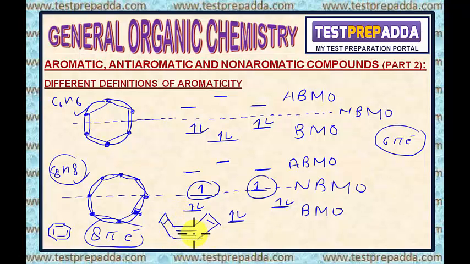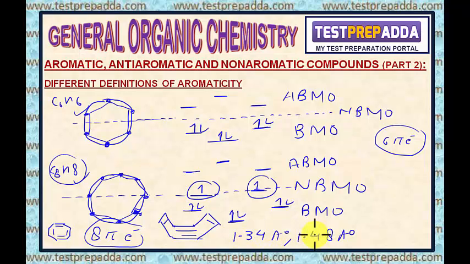Experimentally, we have found that bonds of cyclooctatetraene are alternatively short and long. The short bond length is 1.34 angstrom and the long bond length is 1.48 angstrom.